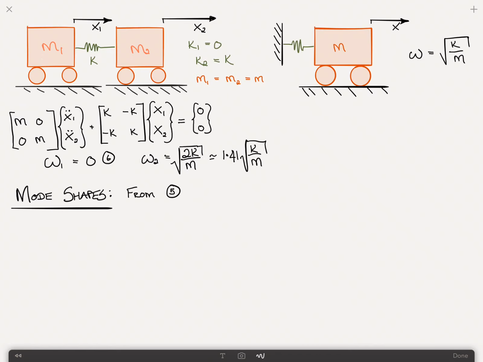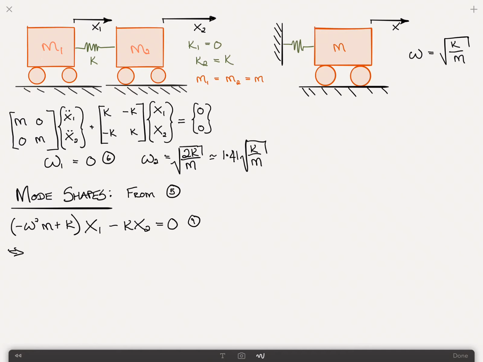So because the determinant is 0, both the equations are actually the same equation. Right? We've explained that in a previous video. I won't elaborate now. So we can pick either one of them. I'm going to pick the top one, which says that minus omega squared times m plus k times the coordinate x1 minus k times x2 is equal to 0. Call that number 9.